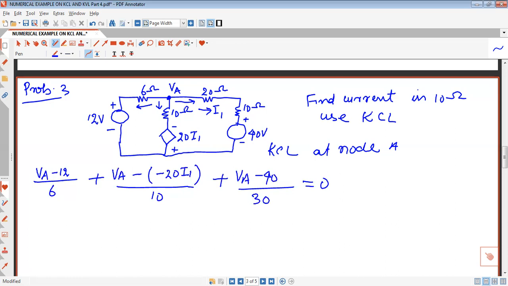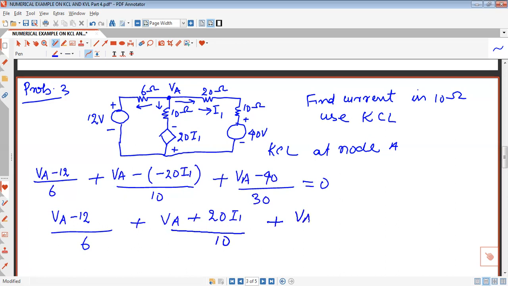So all the currents I have assumed here going outside. So this current is VA minus the potential divided by this resistance, equal to the current of this branch. And this branch is written like this. So we can write VA minus 12 divided by 6 plus VA plus 20 I1 divided by 10 plus VA minus 40 divided by 30 equal to 0.